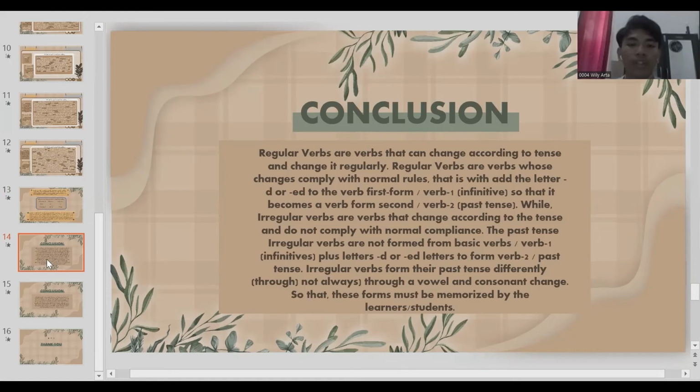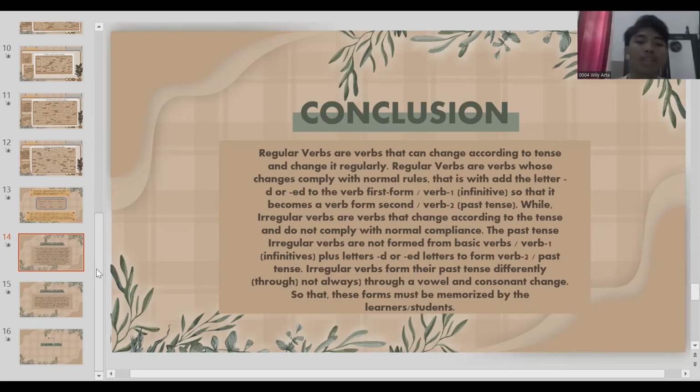Related to the use of regular and irregular verbs in the students' essays, it shows that the students use both regular and irregular verbs in the past in their essays. Both regular and irregular verbs total 312 data in verb 2 or past.